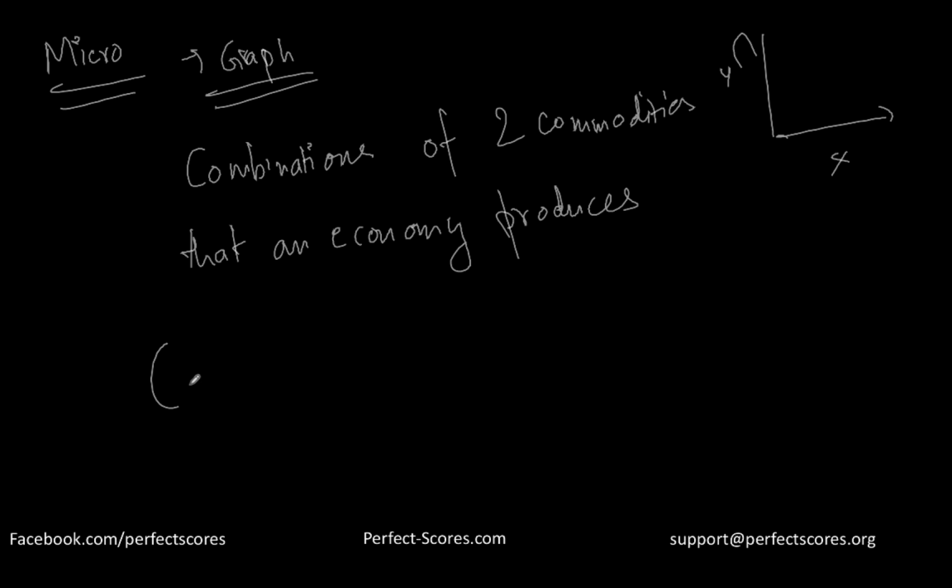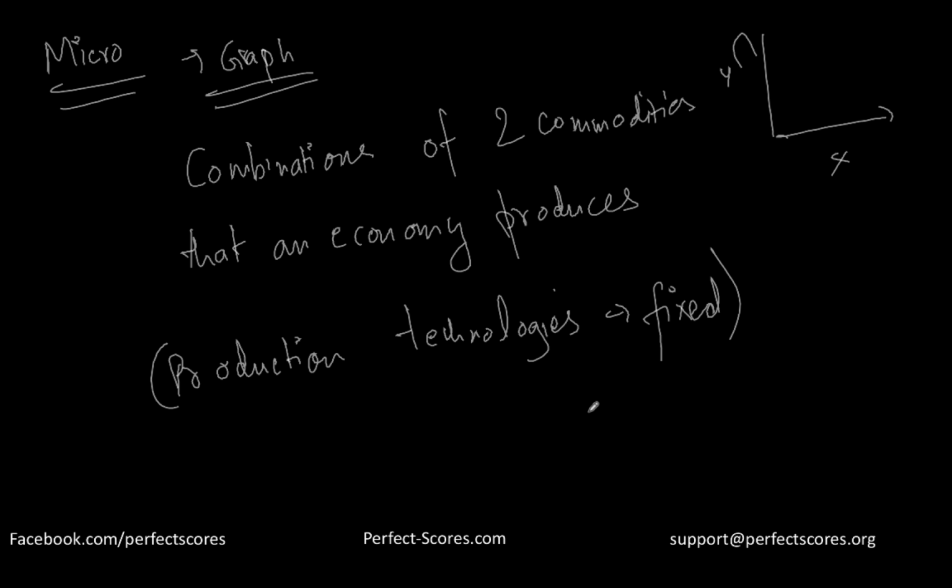And another thing is that the production technologies are fixed, because production technologies always change in the long run, and we're talking about the short run here. So we're not talking about the long run here.